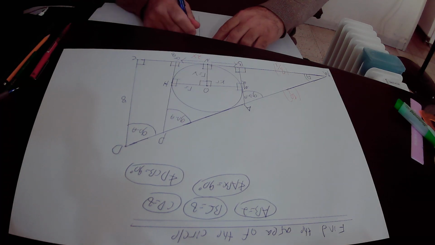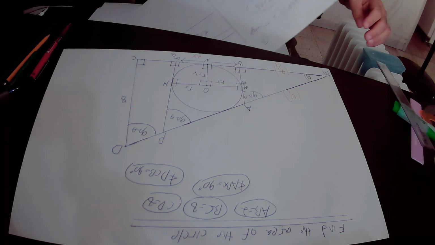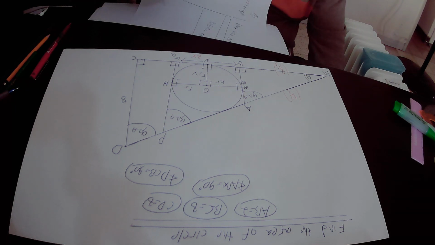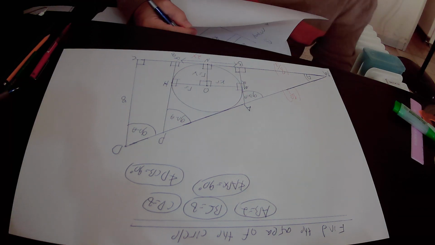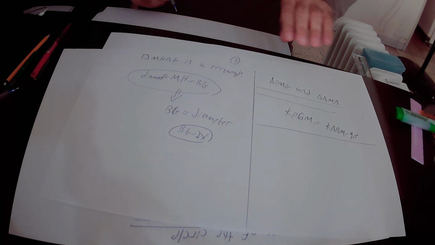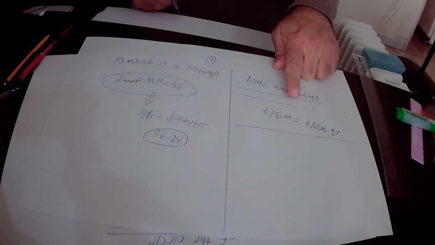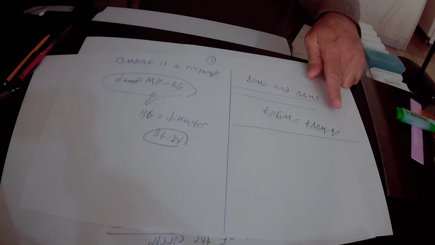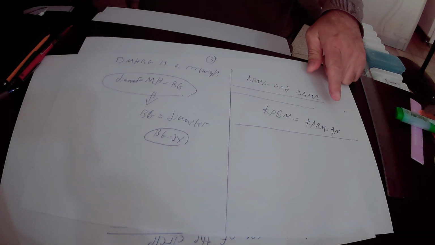Repeat again. Angle PGM in the big triangle equals angle ABM in the small triangle. They are both equal to 90 degrees, therefore they are equal to each other.